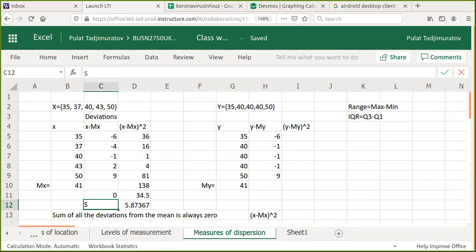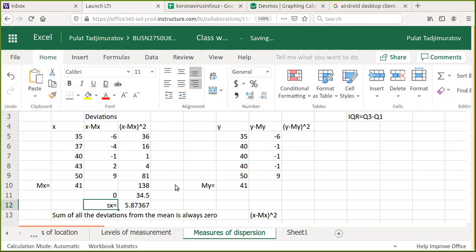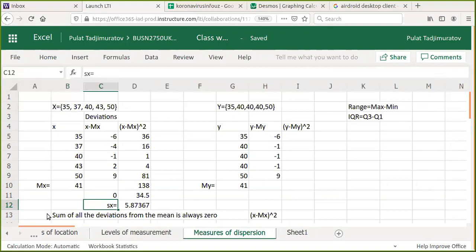So usually it's denoted by S. And because it's standard deviation of our x, I will put it like Sx. Okay, so that's standard deviation. So what does that mean? What's the meaning of that number?